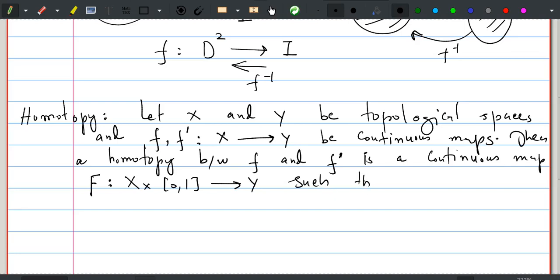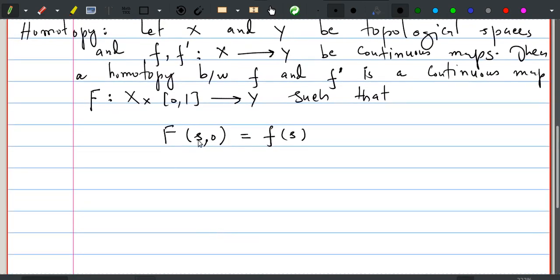when we restrict this F to 0, we get this little f, and when we restrict this big F to 1, this is this little f prime.